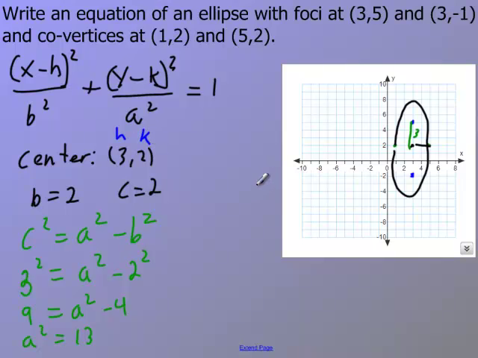Okay, because the center is always going to be the same as our h and k, how it shifts. So I can come up with my equation, which is going to be x minus 3 squared over b squared, which in this case is going to be 4, plus y minus 2 squared over 13 equals 1.